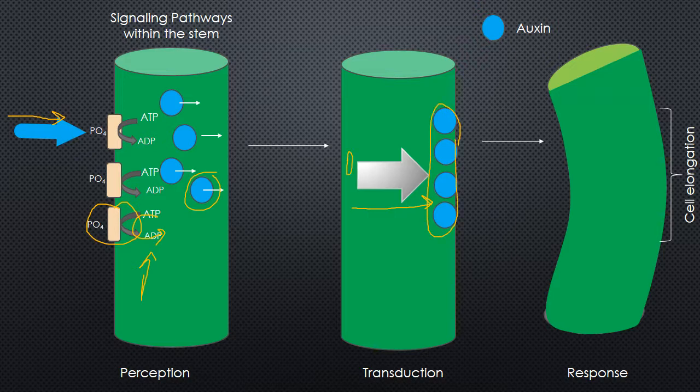So the portion of the plant that is away from the light has much more auxin. If you'll remember, auxin caused a loosening of the cell walls, which allowed for elongation of the cells, and that's the response. So we have cell elongation on this side, but not on the side closest to the sun, and the resultant growth is that the stem then bends towards the light.